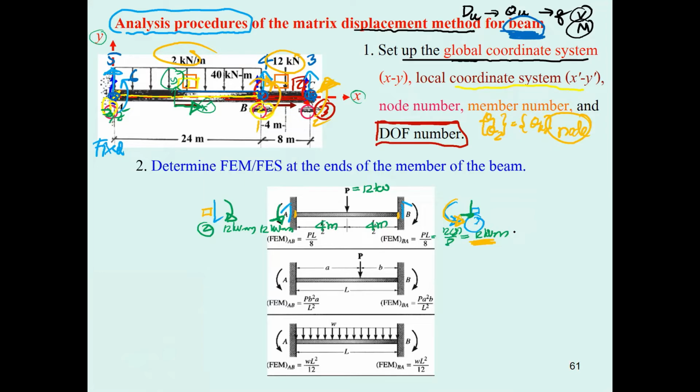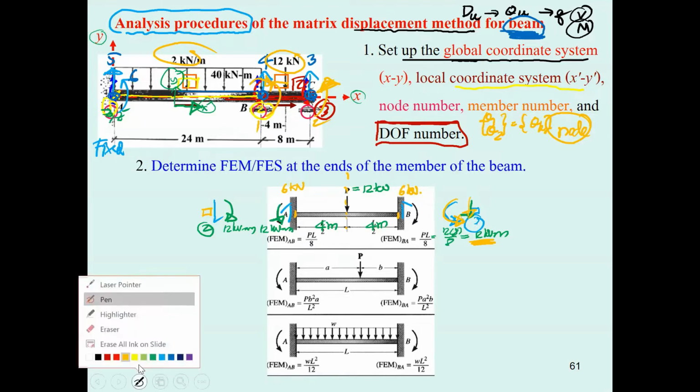So use your previous knowledge for the fixed end moment, and then due to the symmetry of this one, the fixed end shear can be divided to be half, 6 kilonewton here and 6 kilonewton here, and this is going to be the fixed end shear that applies to node number 3.